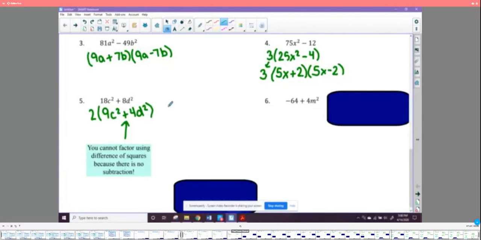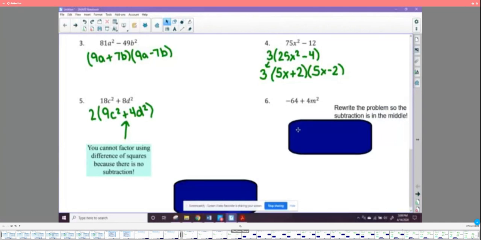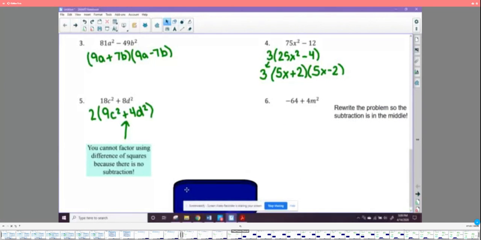The last problem we're going to look at is number 6. Negative 64 plus 4m squared. Before we can start on this problem, we need to rewrite it so the subtraction is in the middle of the problem. So we're going to have 4m squared minus 64.